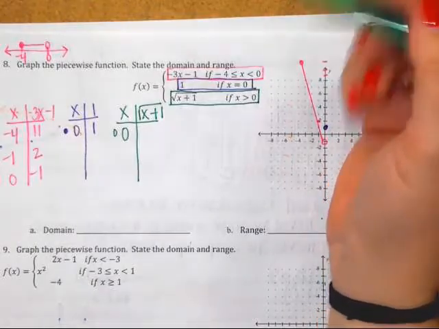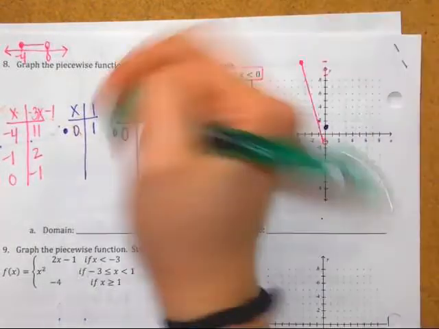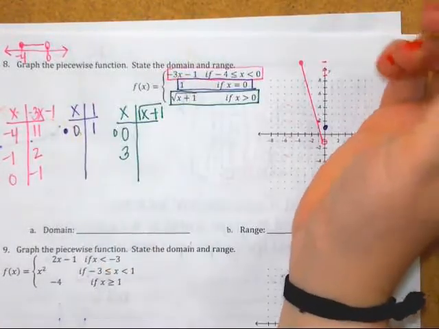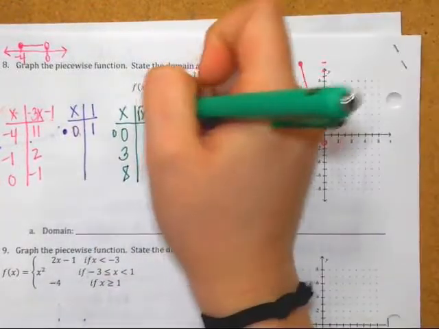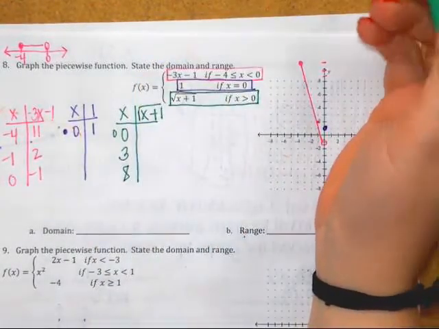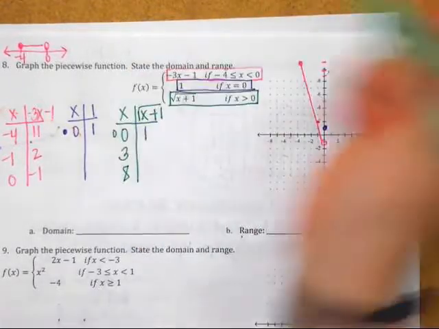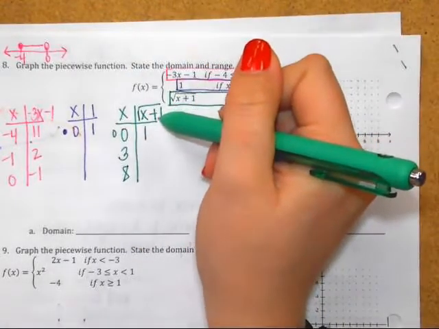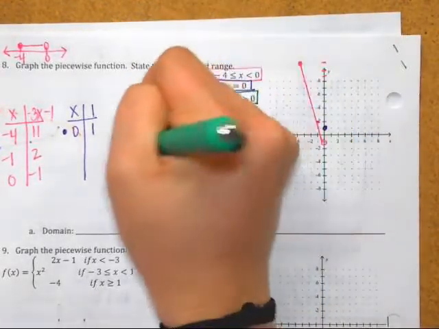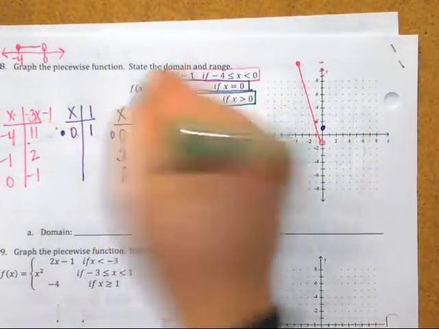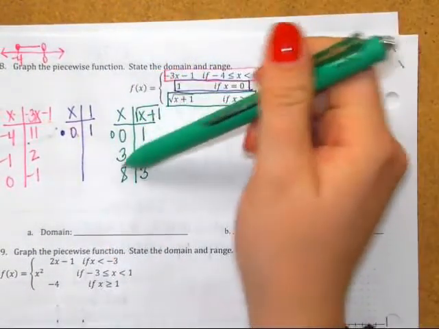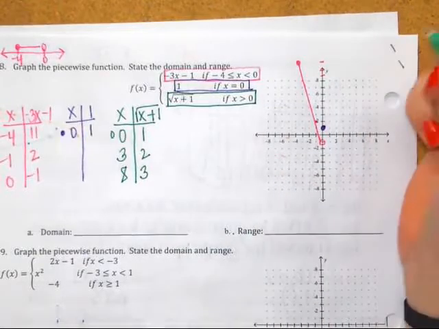I can put 2, but that's going to get me 3. So I'm actually going to put 3 in, and I'm going to put 8 in. Now, the square root of 0 plus 1, the square root of 1 is 1. 3 plus 1 is 4, so the square root of 4 is 2. And then 8 plus 1 is 9, the square root of 9 is 3. If you wanted to pick other values and get the decimal, that's fine too.